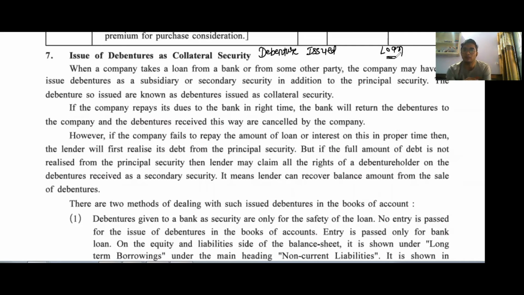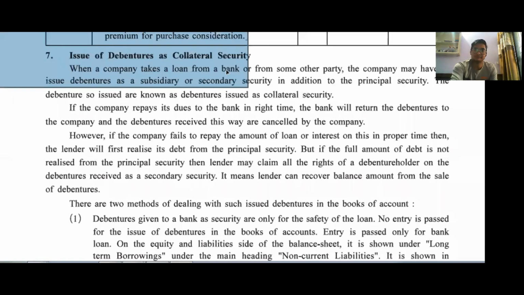So if we want to put a mortgage as a debenture, then we provide debentures to the bankers. Okay, so it is called debentures issued as a collateral security, and it is paid to the bankers.